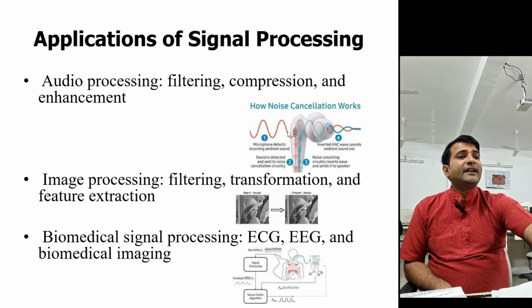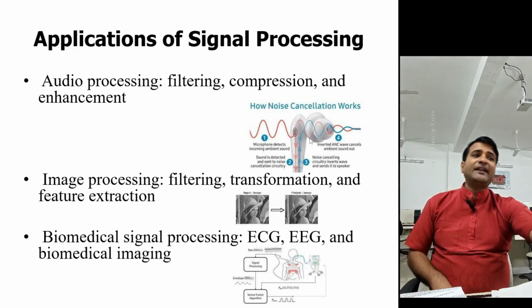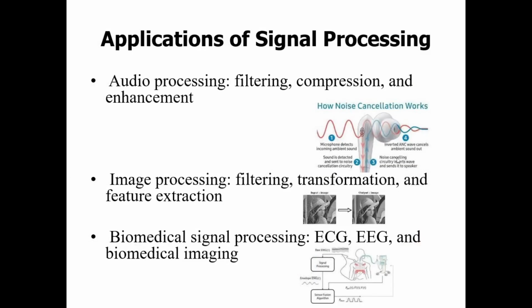Here you take the signal using a microphone that detects ambient sounds. You cancel out the noise using signal processing and provide a noise free signal. This is one of the most important applications nowadays.